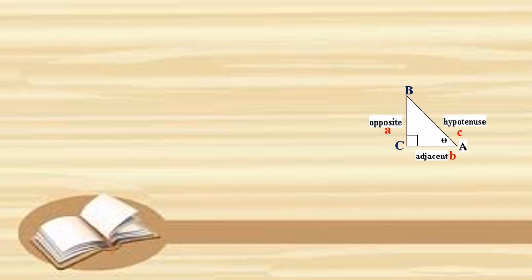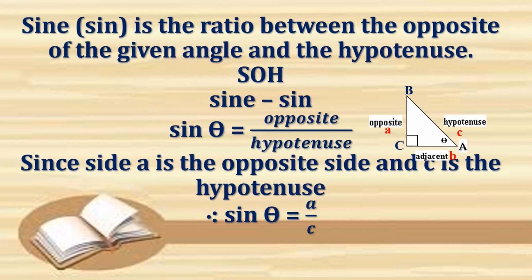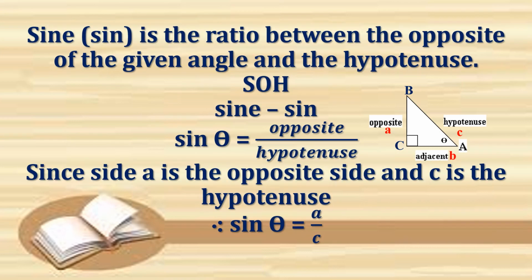Let me discuss with you the basic 3 trigonometric ratios. The first one is the sine, written as sin. Sine is the ratio between the opposite of the given angle and the hypotenuse.